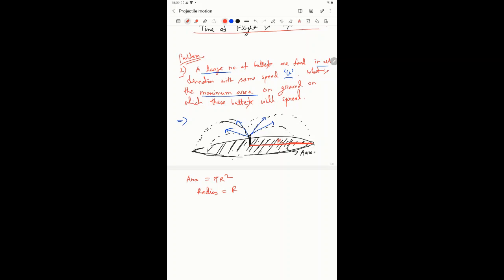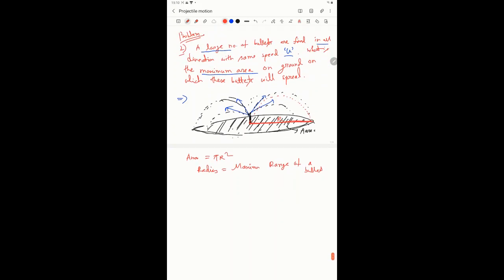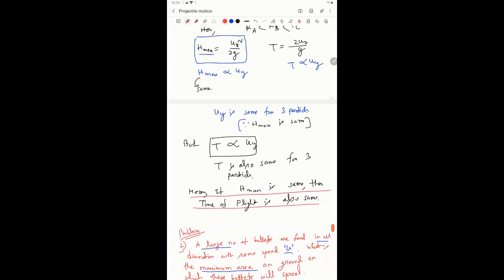The bullet is fired from here, and this is the maximum range that a bullet can cover. So the radius will be the maximum range of a bullet.